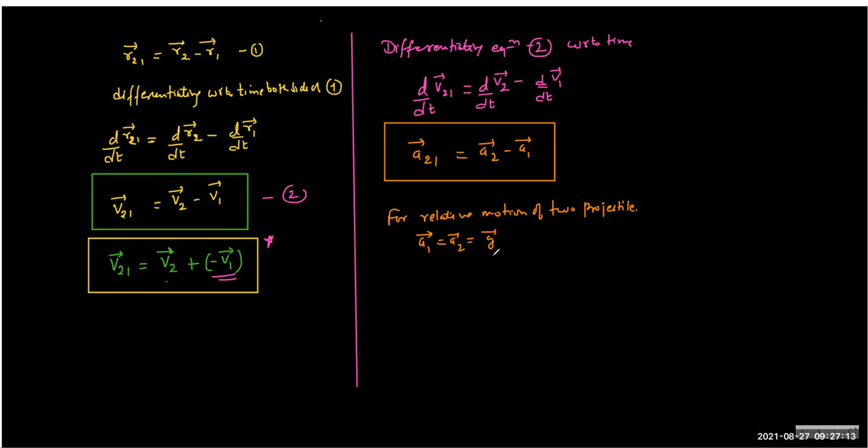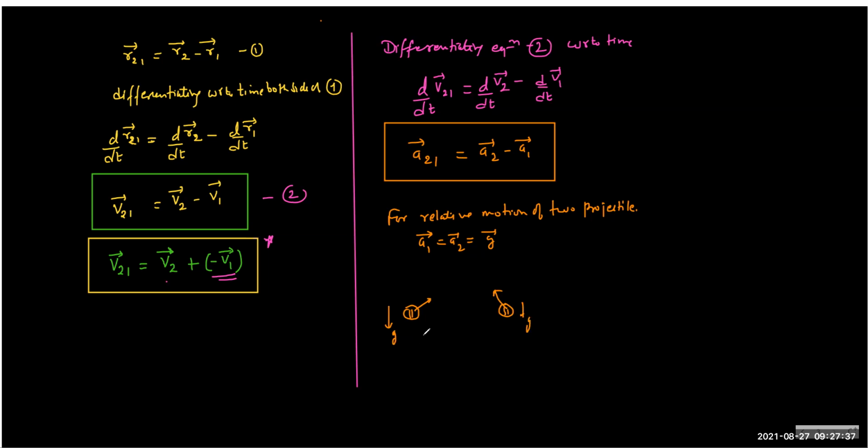They cannot have different accelerations, right? So if you throw two bombs in air or two balls in air, will they have the same acceleration or different? Irrespective of how you throw, both will have the same acceleration g. Understood?